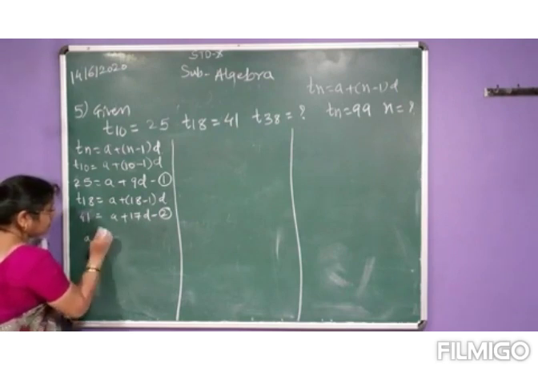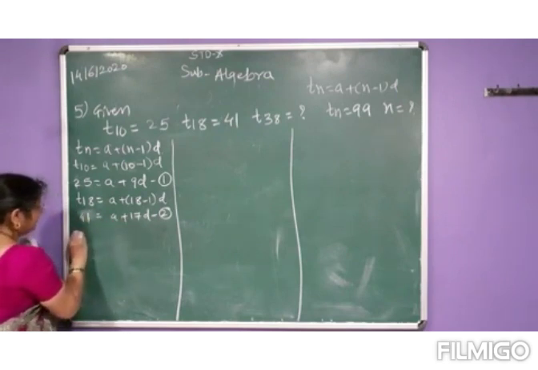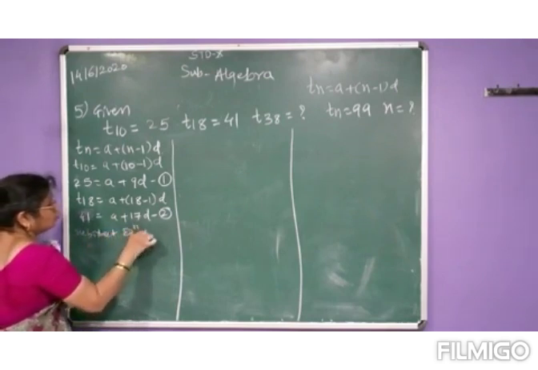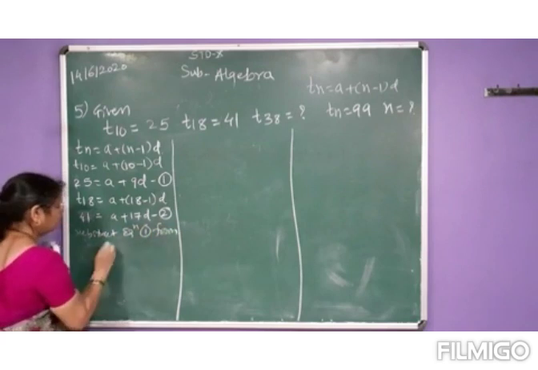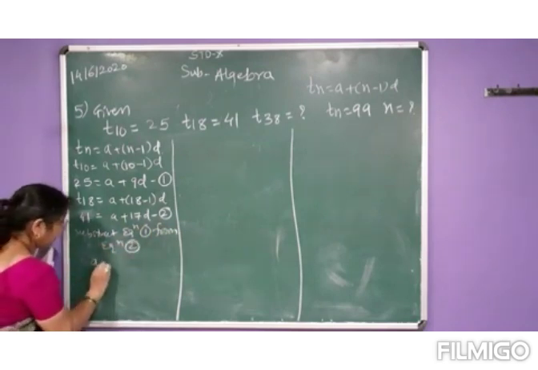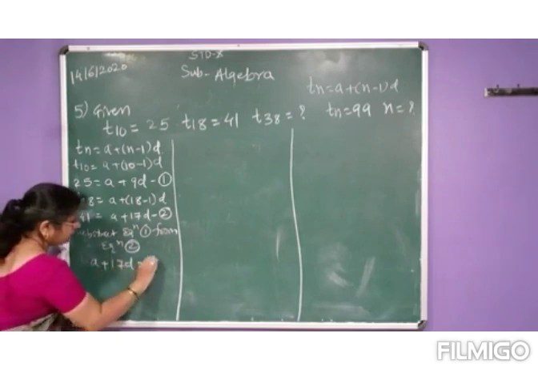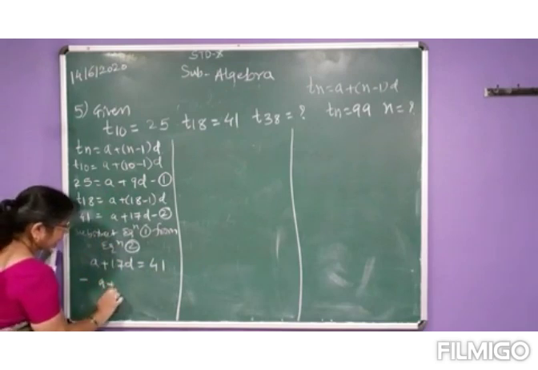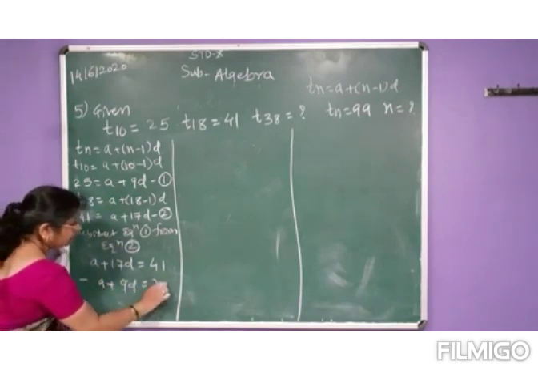What you will do here is subtract equation 1 from equation 2. Equation 2 is a plus 17d is equal to 41, minus a plus 9d is equal to 25.